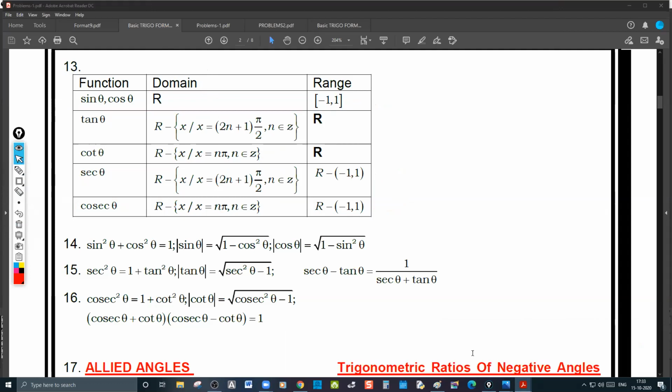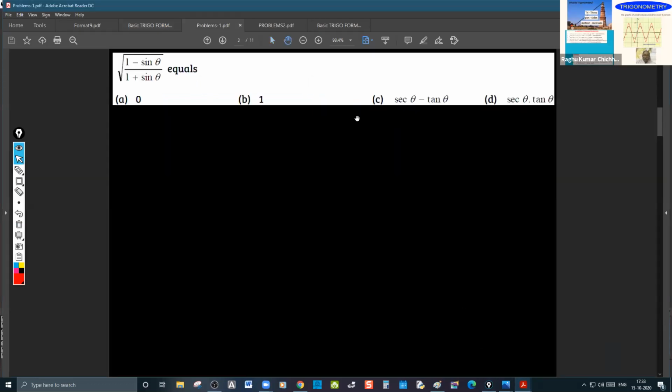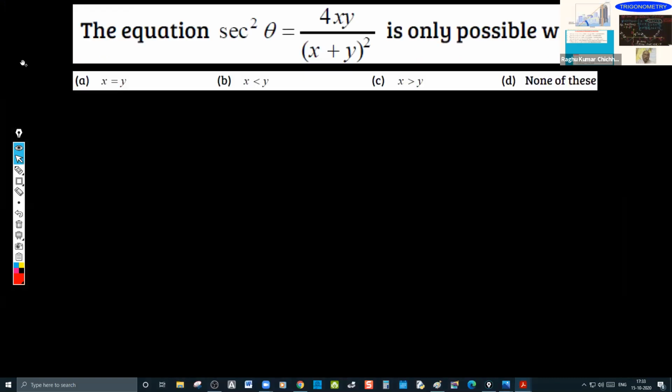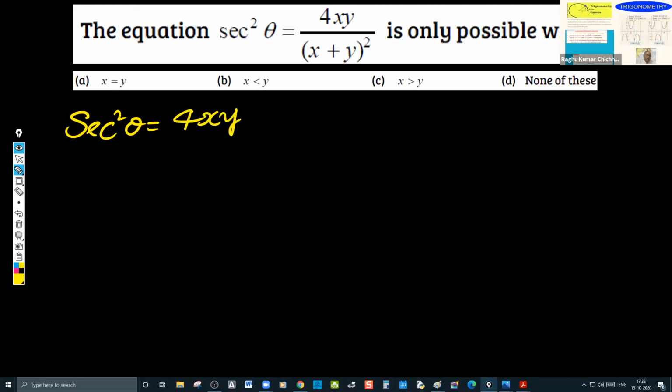This question now, if you see, the equation secant square theta is equal to 4xy divided by (x plus y) whole square.